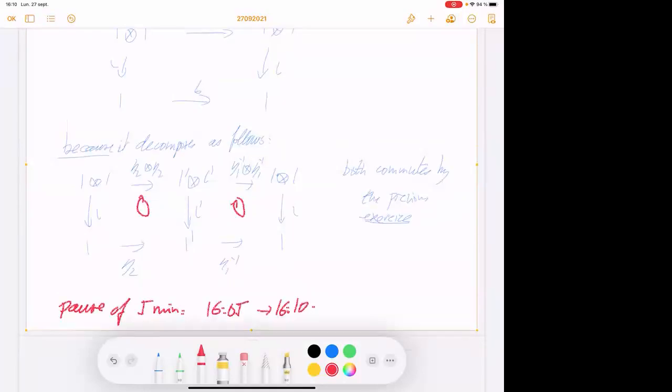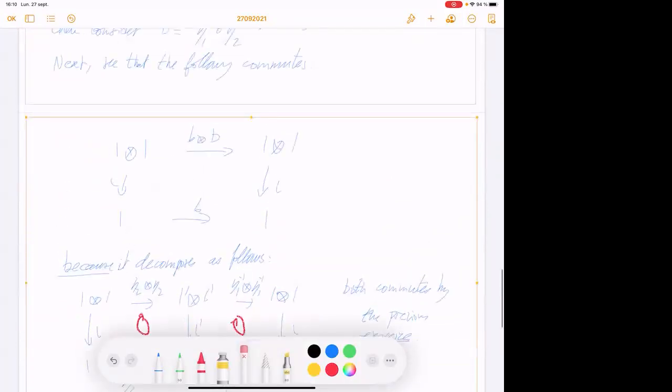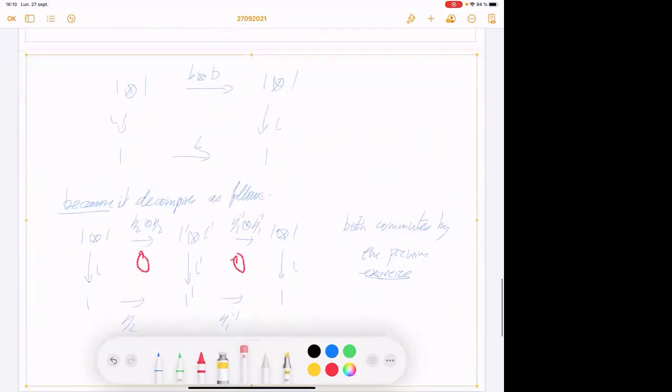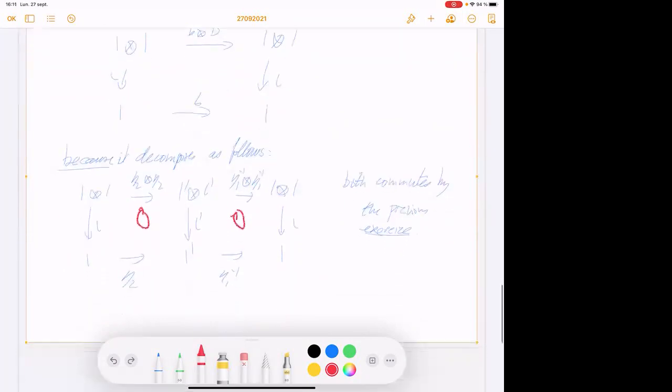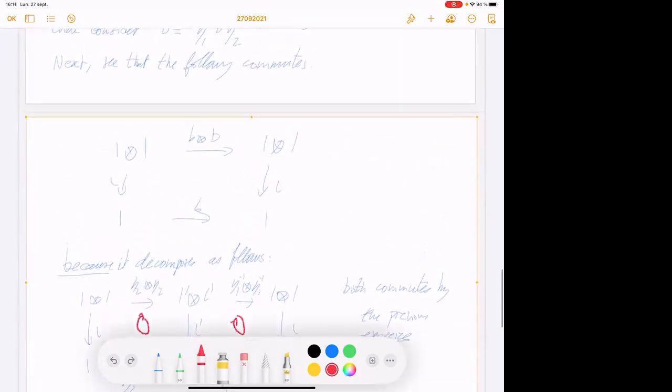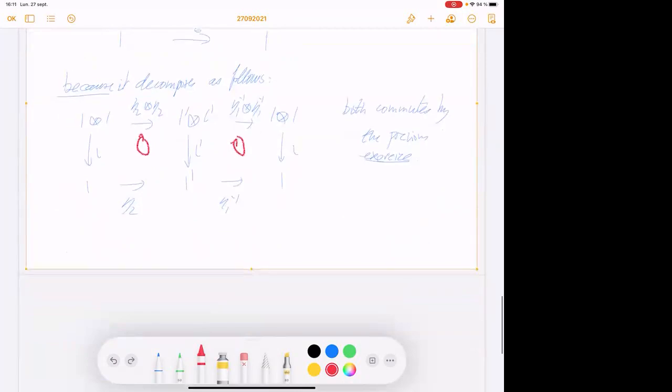So okay. So let's restart. So we proved that this diagram commutes. Now we will prove another diagram which is very close to this one, but with a slight difference.